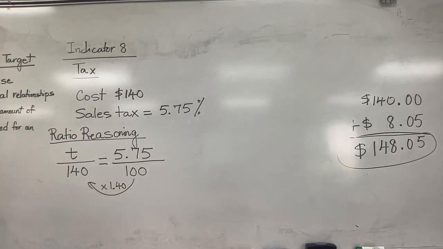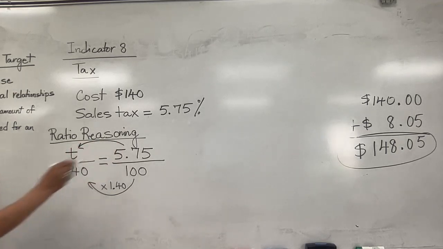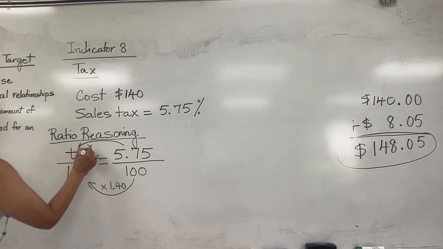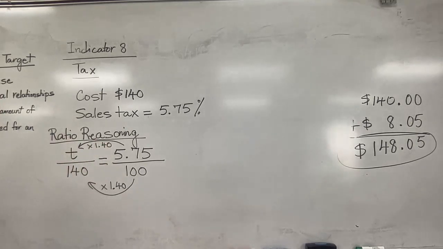So whatever I'm going to do to the numerator, I'm going to do exactly the same thing to the denominator. So I am going to multiply 5 and 7500 times 1 and 4000. Okay, so whatever I do down to the denominator, same thing up here.